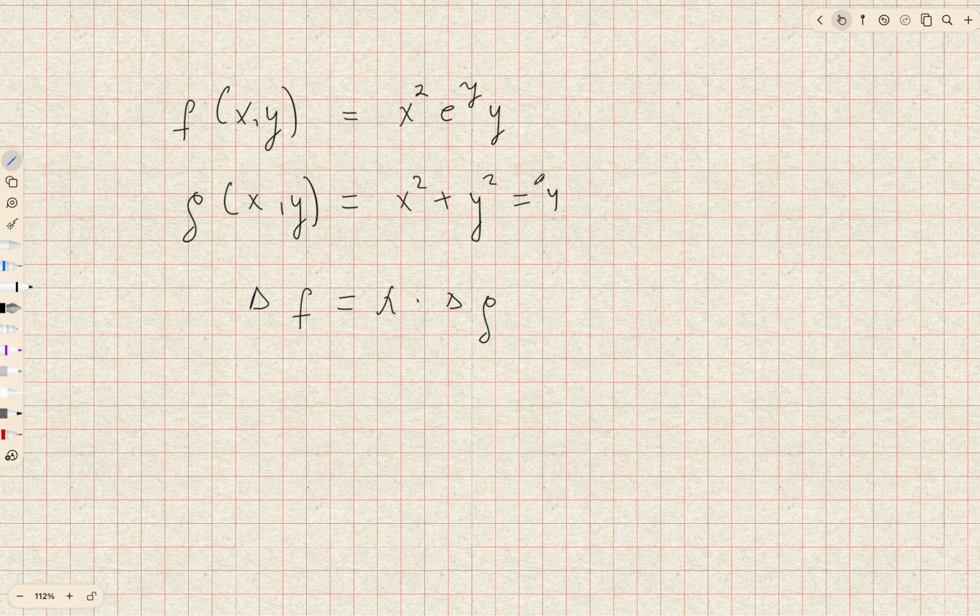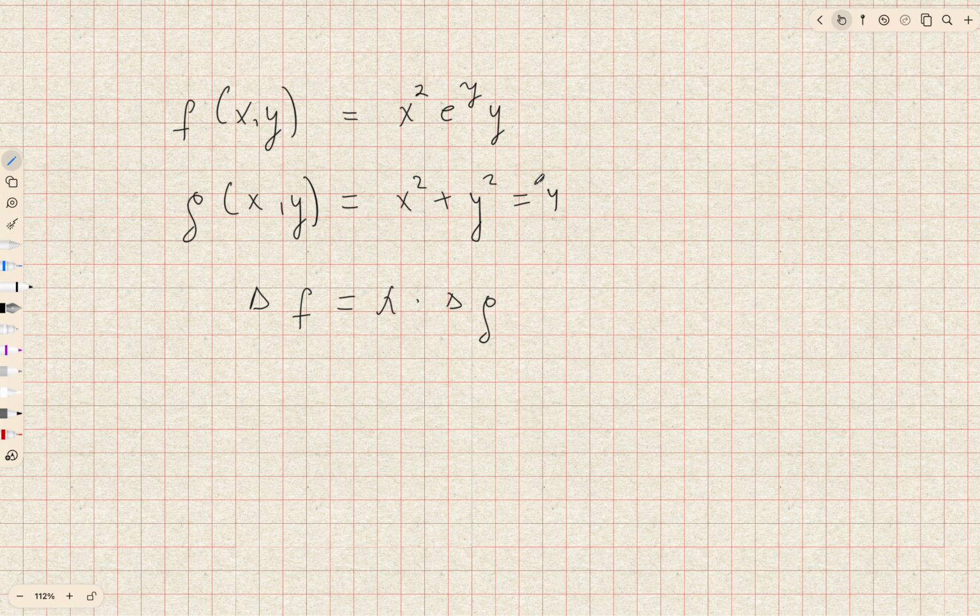Let's say we have x and y, and the third dimension z is the value of our function.